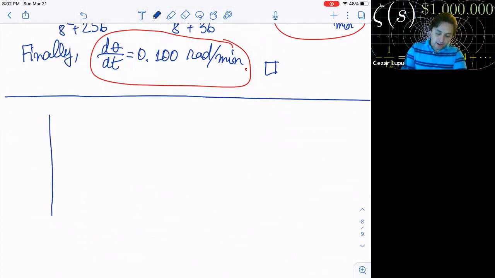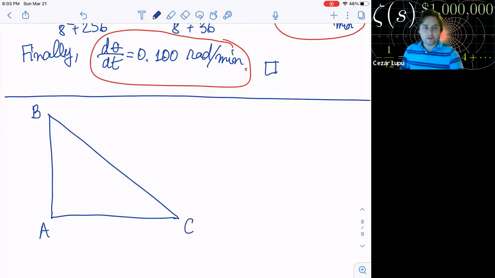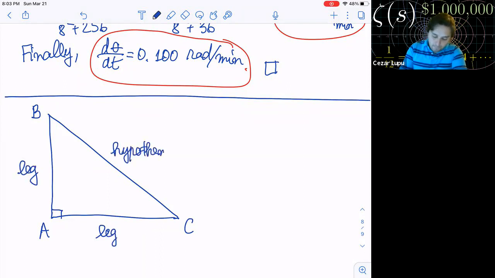Look at this right angle triangle, and I've done this trigonometry in my video lectures or even the notes that I send you, you will see everything done there. But anyway, let's recap. You see, this is a leg, this is a leg, and this is the hypotenuse. So Pythagoras, and let's write this.